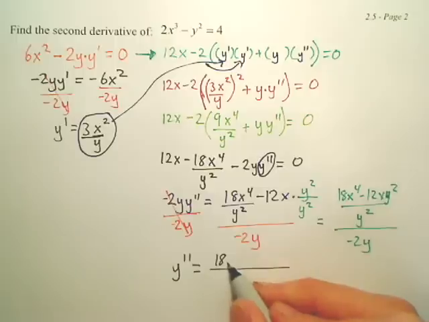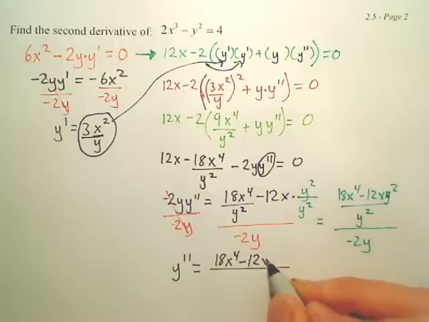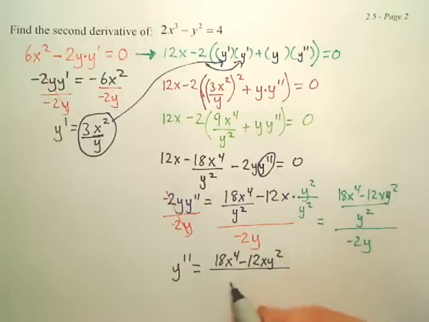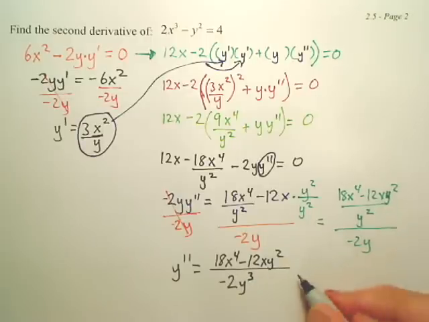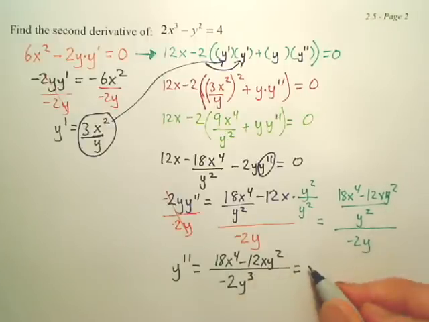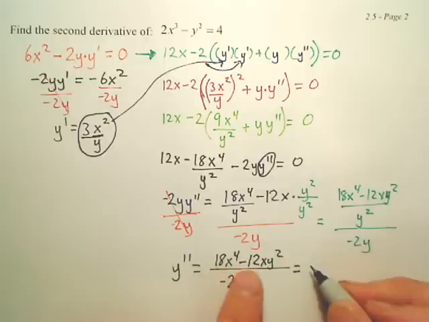So my final answer is going to be 18. Actually, this isn't my final answer. You'll see in a sec why. The bottom's going to be negative 2y to the what? When you multiply this times the bottom, it's y cubed. That is a pretty good answer. That's probably going to be fine, but is there a GCF?